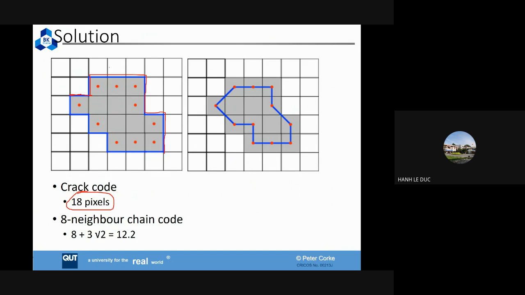But if you calculate by the Euclidean formulation, from here to here, this is more precise. After you calculate, you will have this result. OpenCV will use this method.